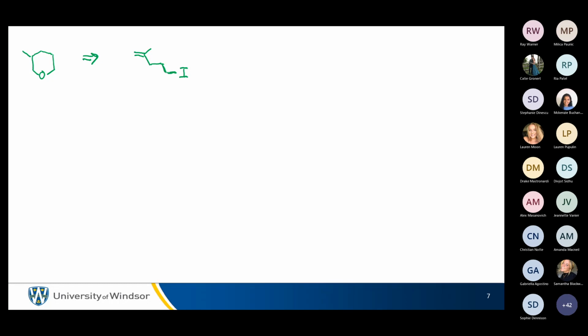Now, will you need to do a form of that in your head to figure it out? Absolutely. Will you need to draw it out? No. It just takes too long to draw. There's just too many things to go in. But do you need to know that E2 is antiperiplanar? Yep.